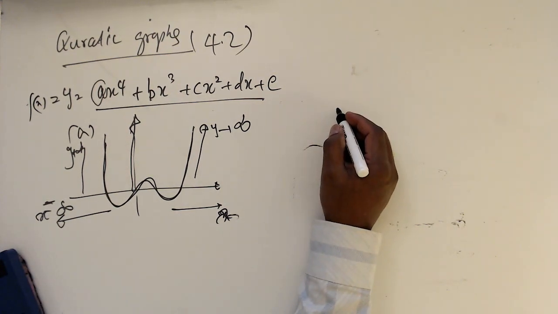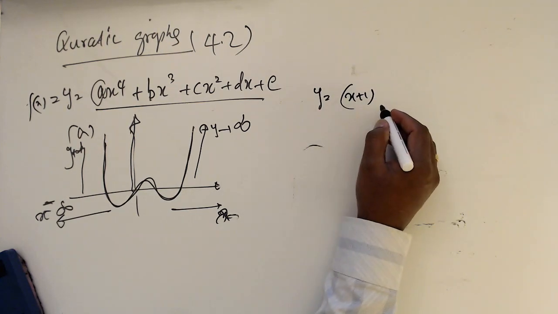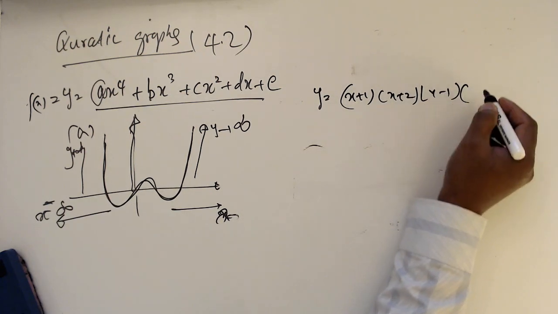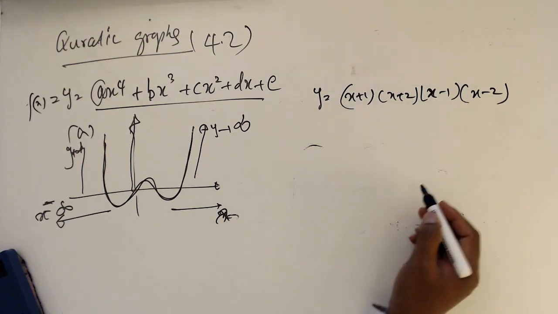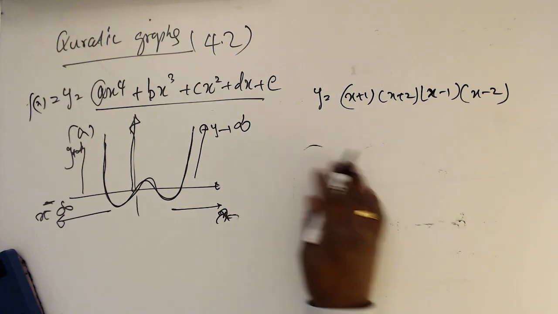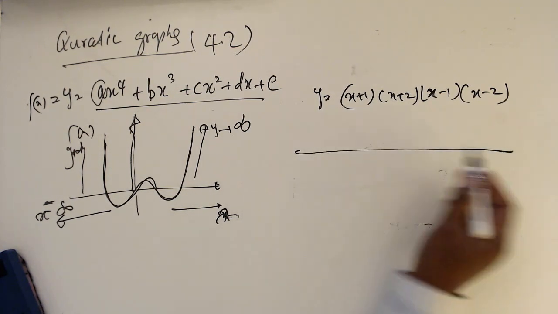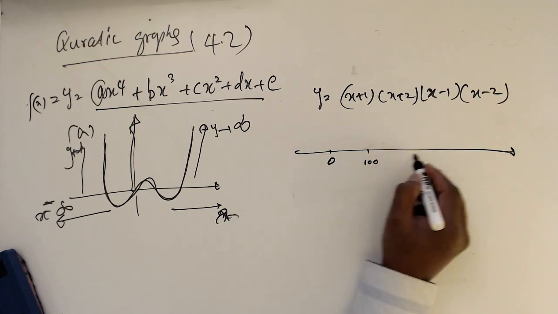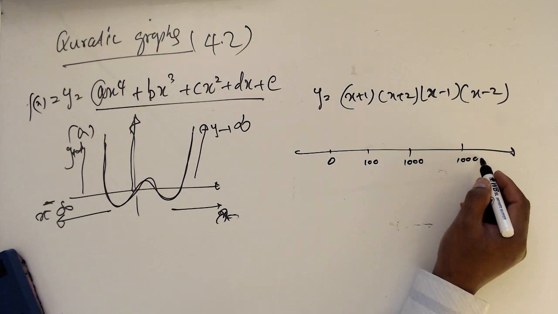Let's take an example. y equals x plus 1, x plus 2, x minus 1, and x minus 2. We'll put in x values as x goes to infinity: 0, 100, 1000, 10,000.